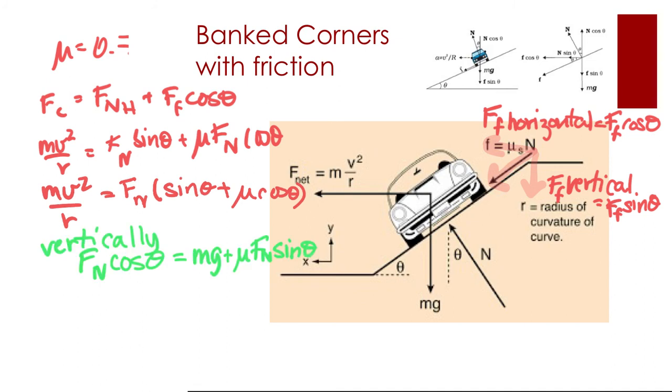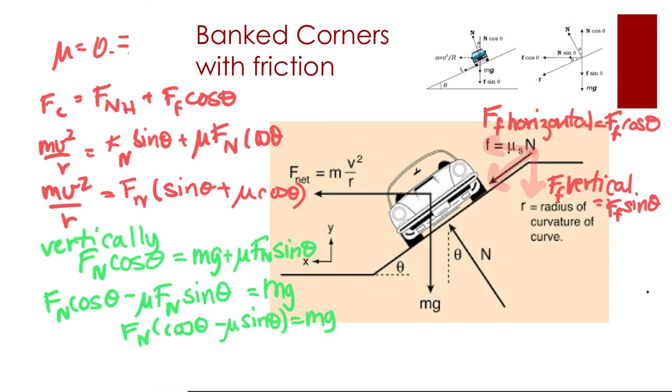Upwards I have the vertical component of the normal force, Fn cos theta, and downwards I have the force due to gravity plus the vertical component of the frictional force, mu Fn sine theta. Now to make this a little easier, I've moved the parts with Fn over to the left side. I'm going to factor it out and isolate it for Fn. We're almost there.